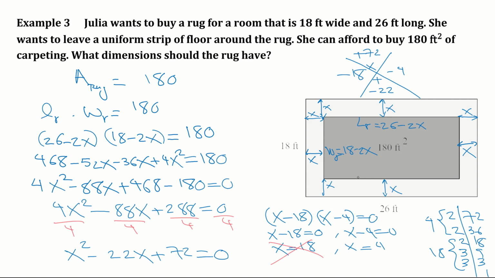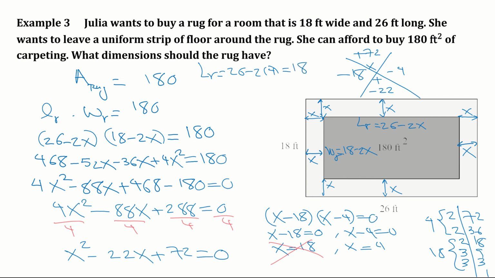So if we try x equals 4, notice that the length of the rug is going to be 26 minus 2 times 4, right? Which is 26 minus 8, which is 18.